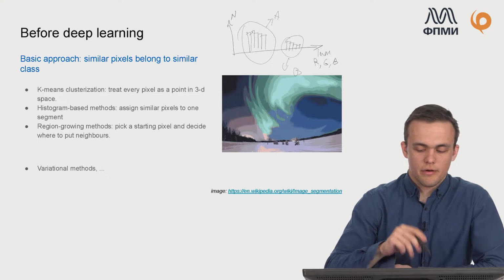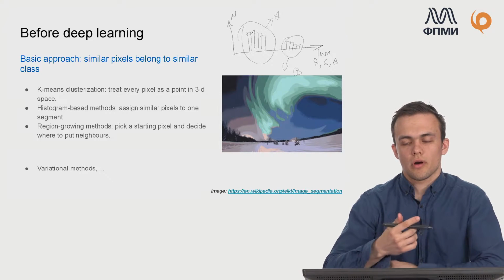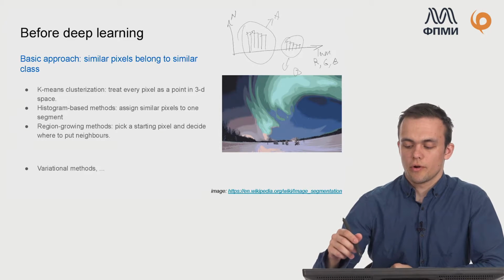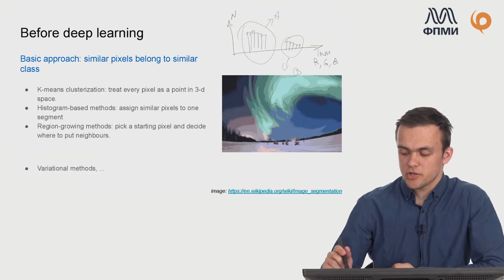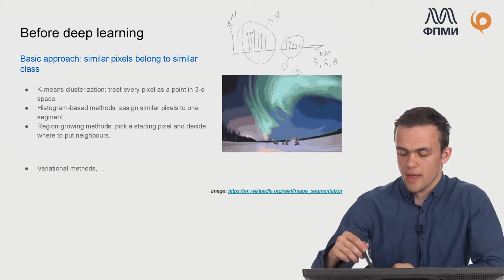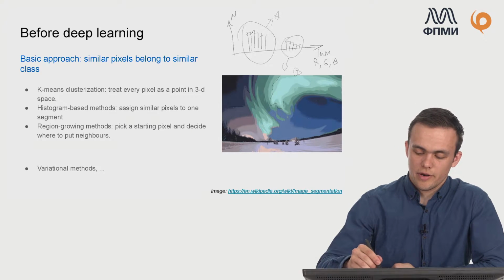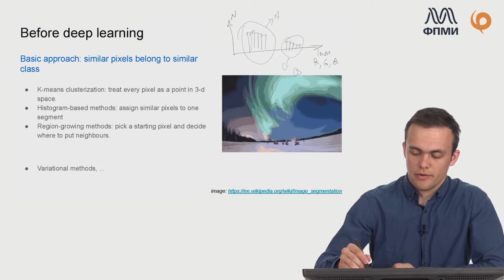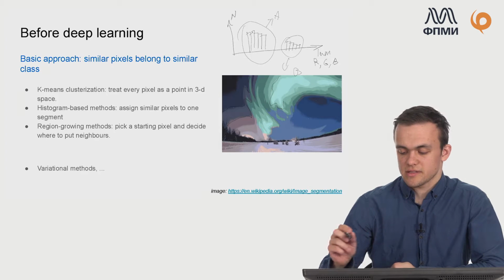There are some other algorithms that are more complex, for example, when you're trying to take into account the length of this region. So this picture is a clusterized picture where every one-color region was obtained by k-means clusterization.